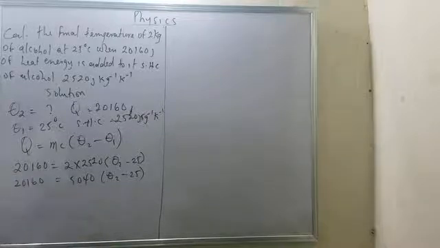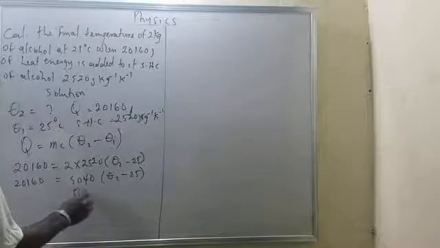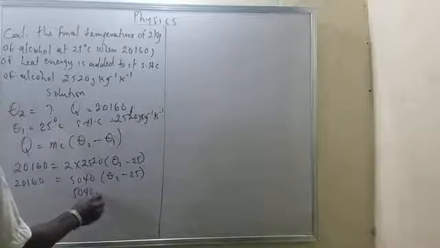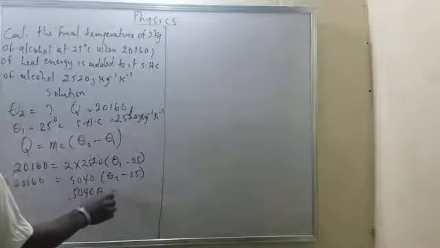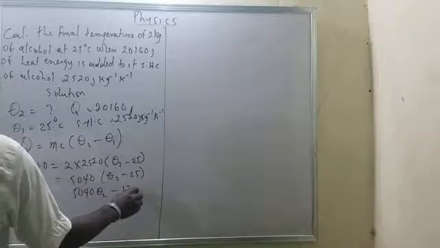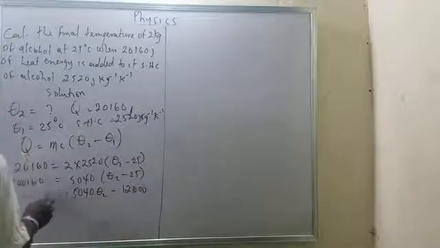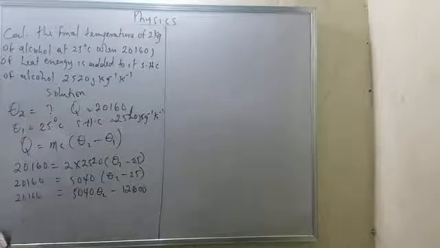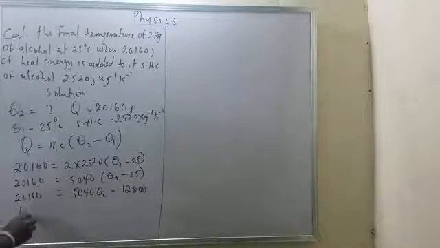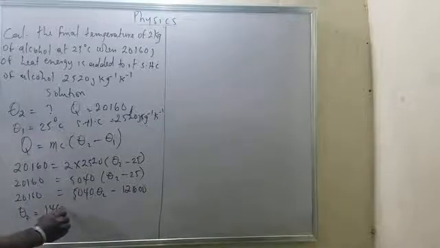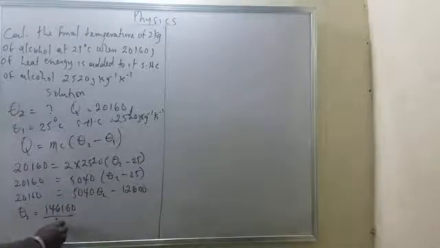Now, I can move on by having 20,160 equals 5,040 theta minus 126,000. Now, since I have that, I can continue by having my temperature, theta 2 equals 25,200 divided by 5,040.